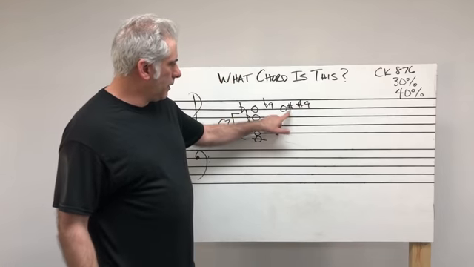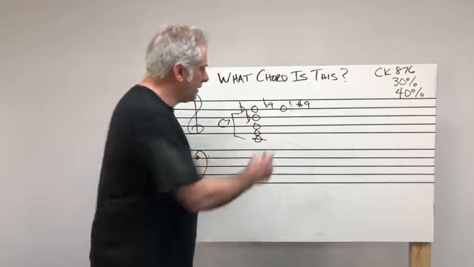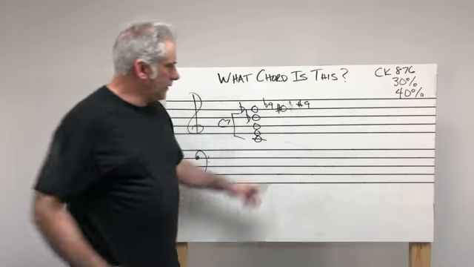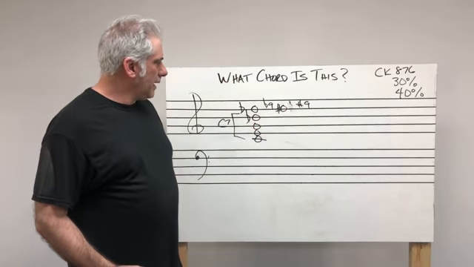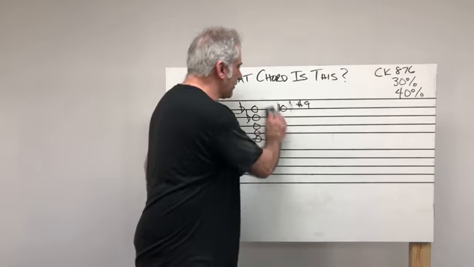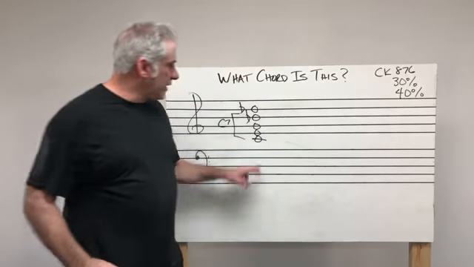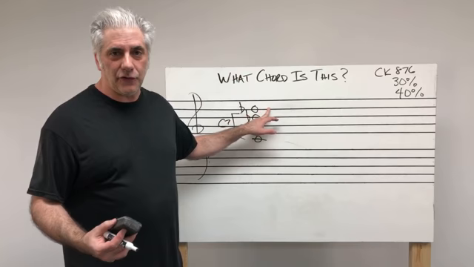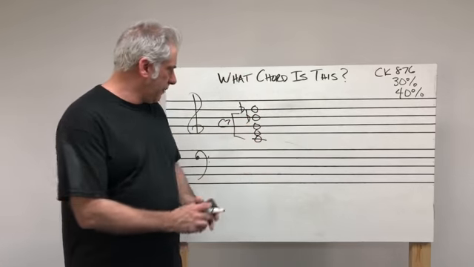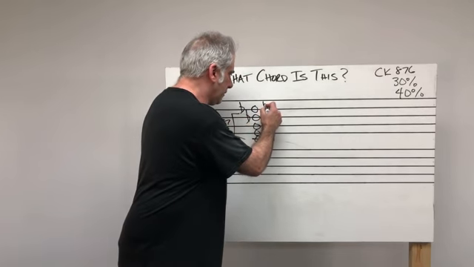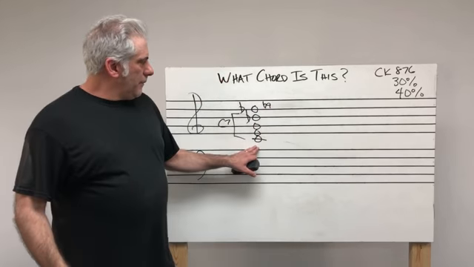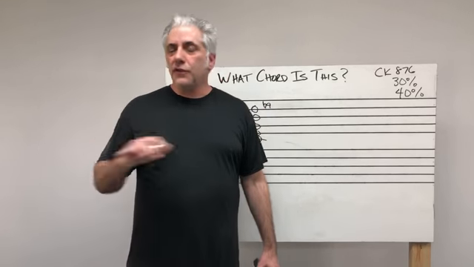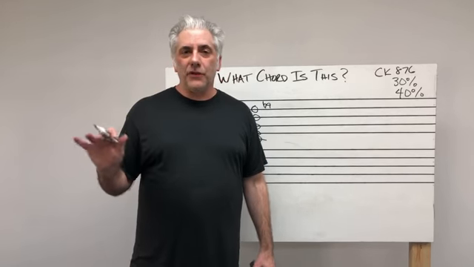Okay? Whoops, I hit this sharp key, sorry about that. That's how these upper extensions work. Why? Because it's a ninth away. It's really a flat nine or a minor nine interval away from the root. It's no more complex than that.